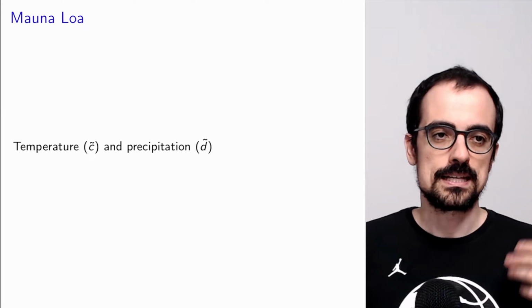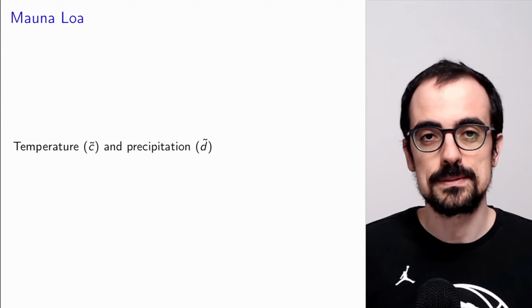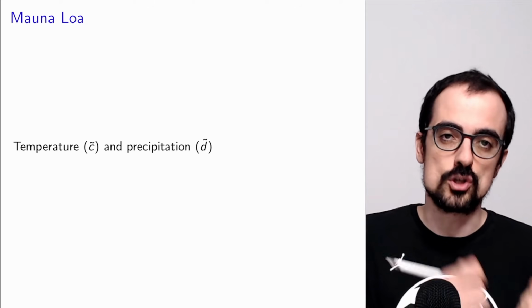Here we're going to model the temperature at Mauna Loa, this volcano in Hawaii, jointly with the precipitation at this location. And precipitation is going to be discrete because either there's no precipitation or there's precipitation in this very simple model.